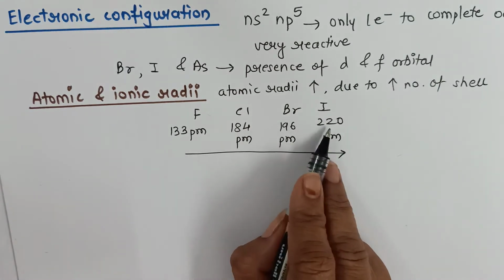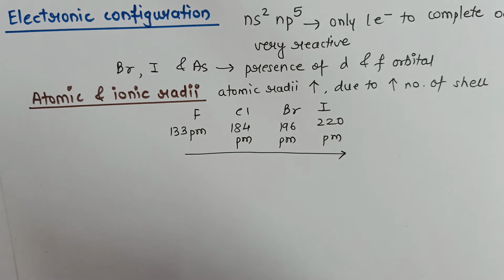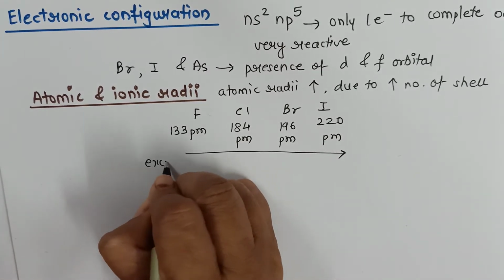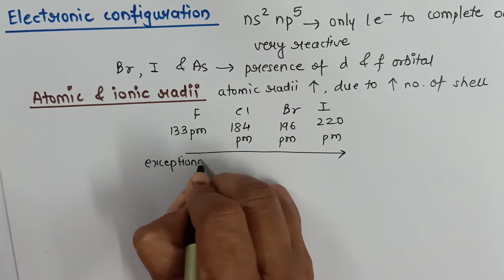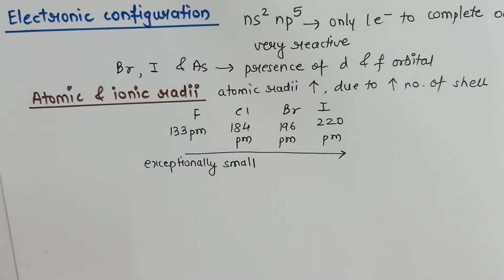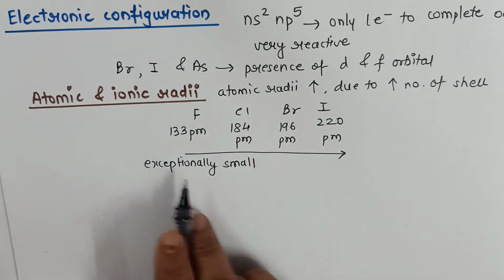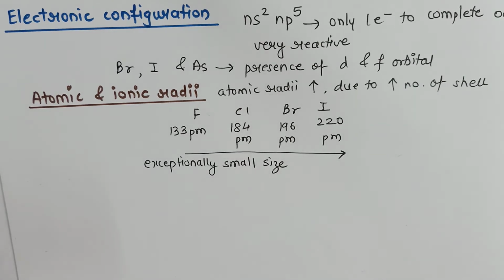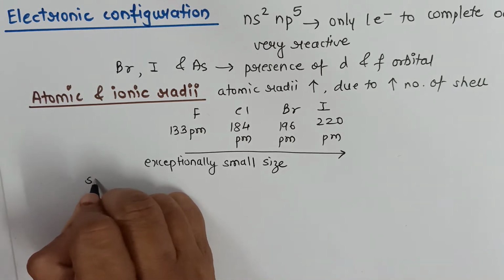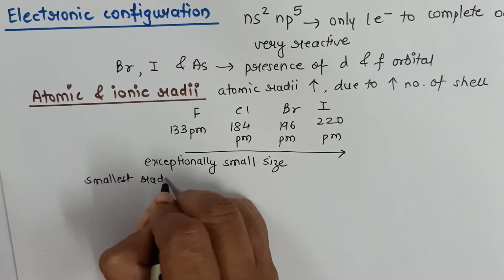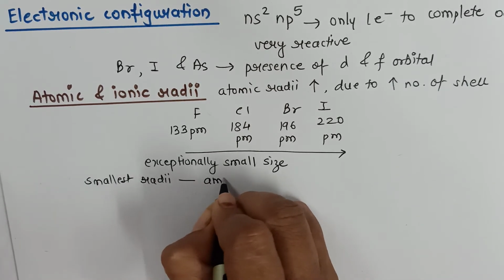The increase from bromine to iodine is not that great, and fluorine is exceptionally small because it is an element of the second period. Overall, halogens have the smallest radii among the given period.